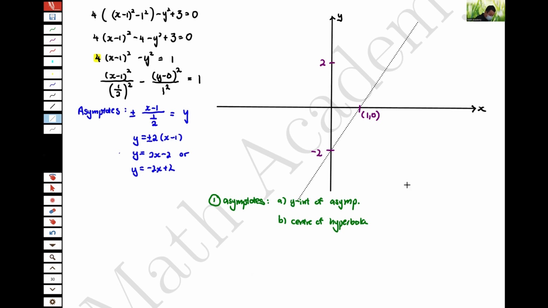The other asymptote will pass through the other y-intercept and also that same center. Before we forget later on, let's label in the asymptotes' equations as well.